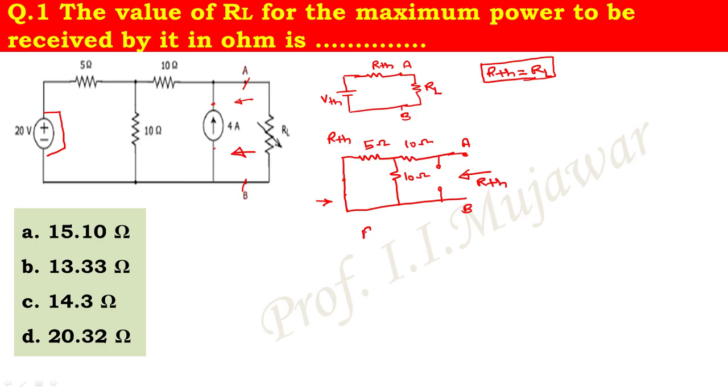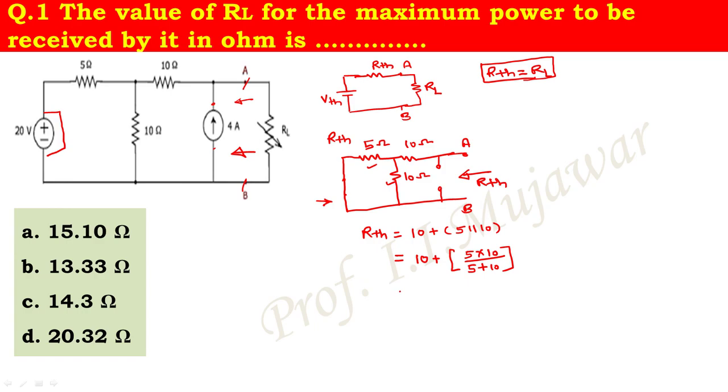That means the value of RTH is equal to 10 plus 5 parallel 10. This 5 and 10 are in parallel, and that parallel combination is in series with 10. So this value comes out to be 10 plus 5 into 10 divided by 5 plus 10.